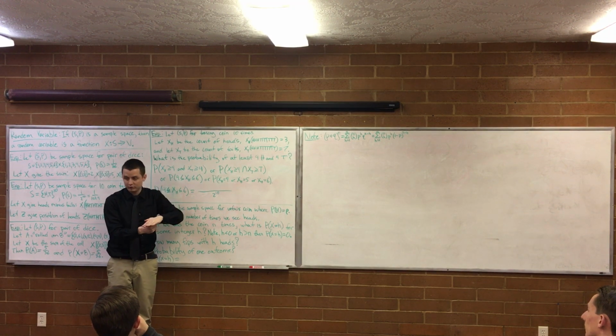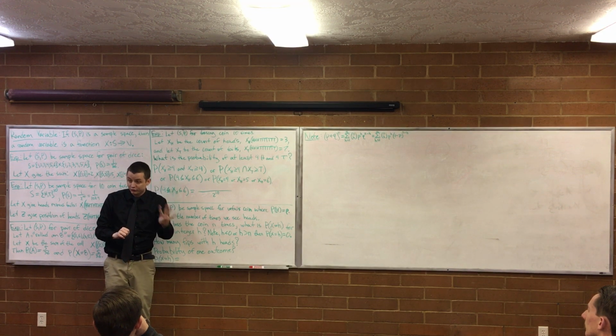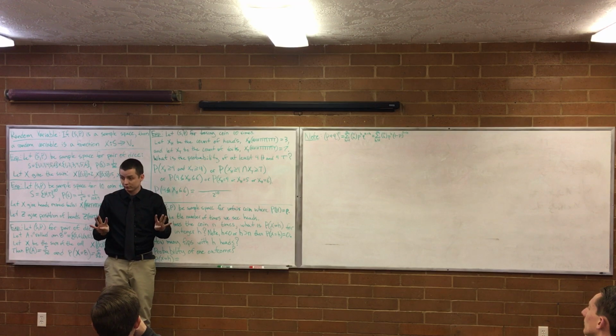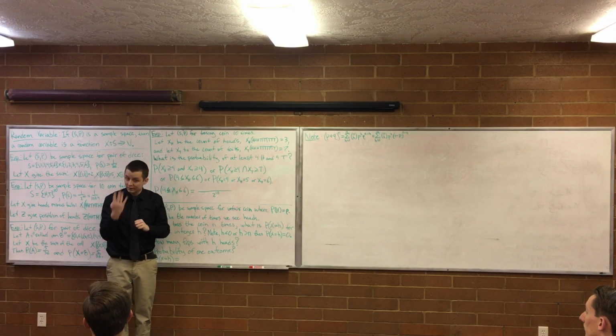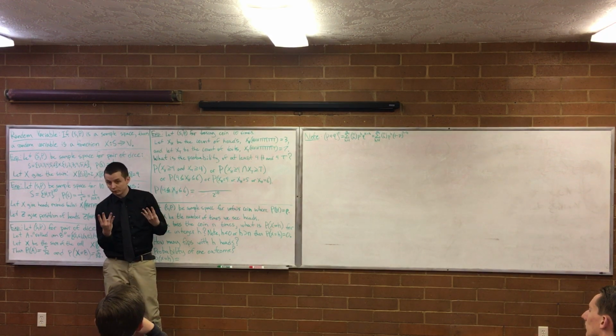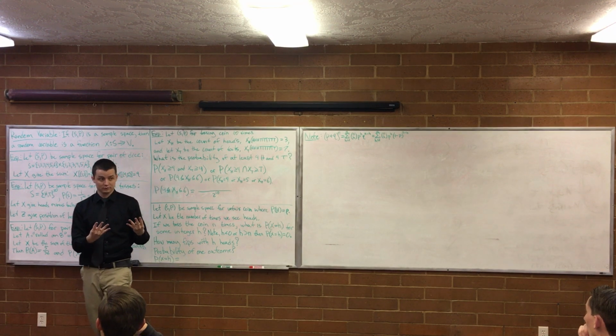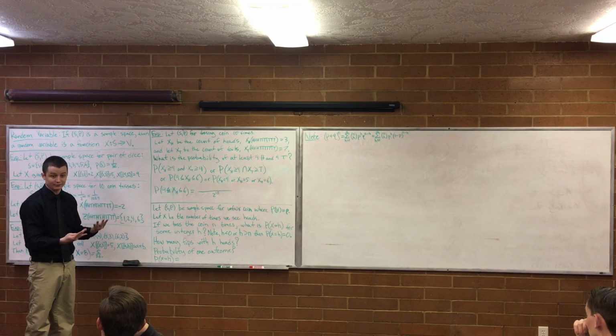You flip it 10 times. What's the probability you have at least 4 heads and at least 4 tails? That's our question. Does the question make sense? Yes. And it makes sense that the answer isn't 0.